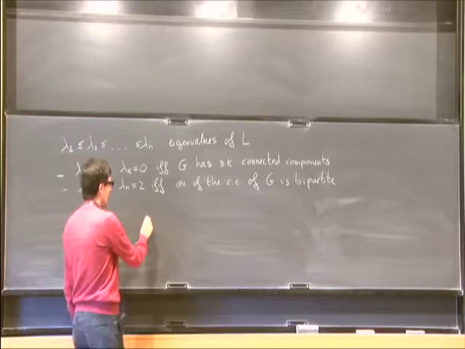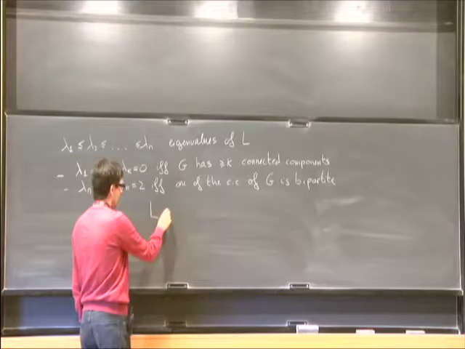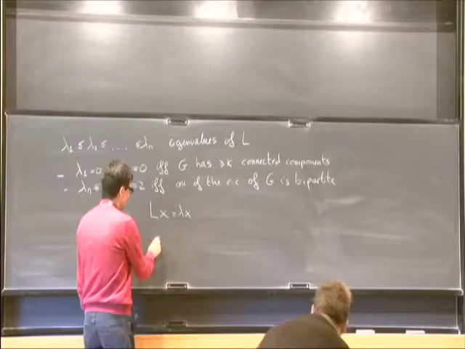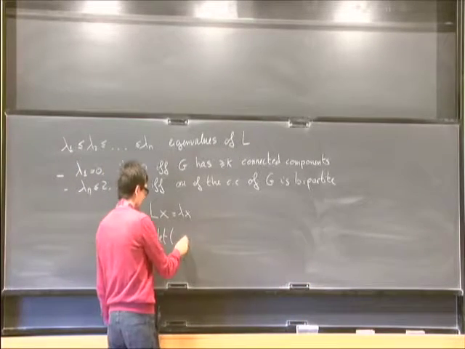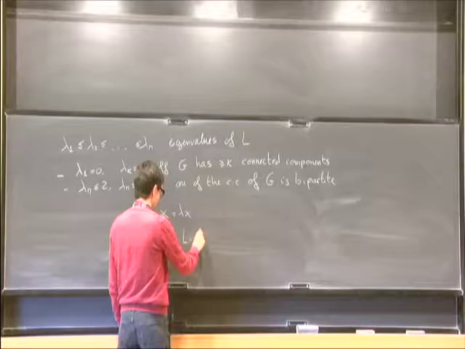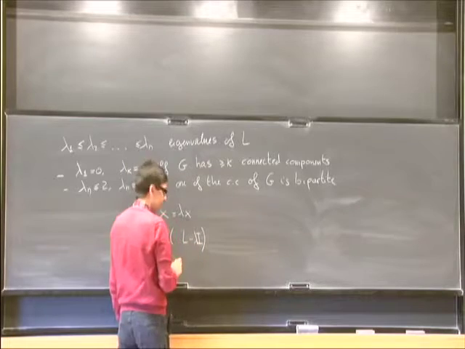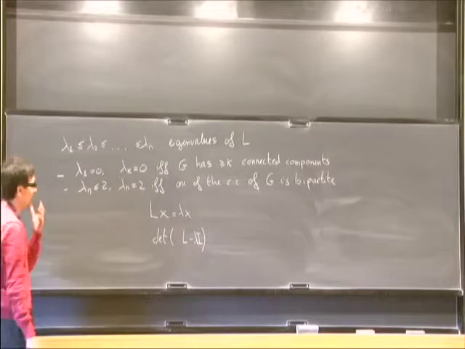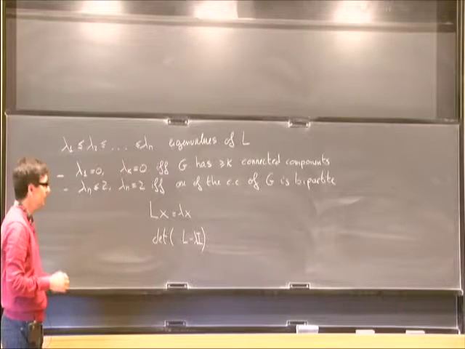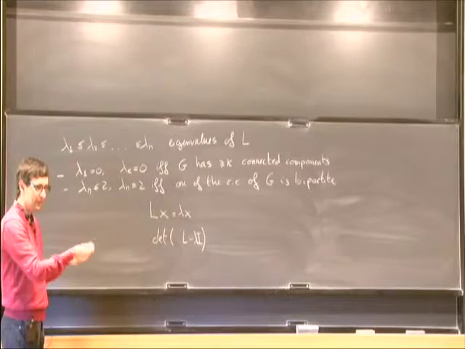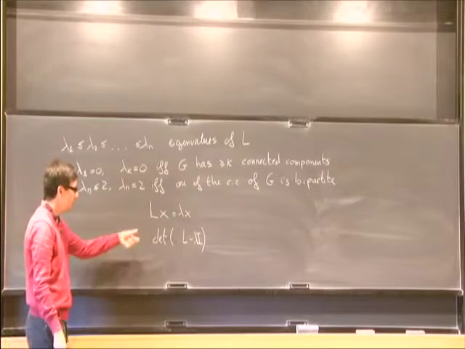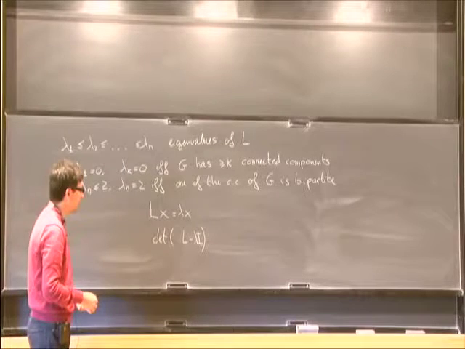So if we think of the eigenvalues of L as solutions of equations of the form Lx equals lambda x, or as roots of the polynomial determinant of L minus lambda I, it's really remarkable that purely combinatorial properties of a graph, such as which vertices are connected to which others, so how many connected components you see in the graph, or whether or not there is a two-coloring of the graph in which, or a subgraph in which every edge is bichromatic, would be determined by the roots of these polynomials or the solutions of this equation.